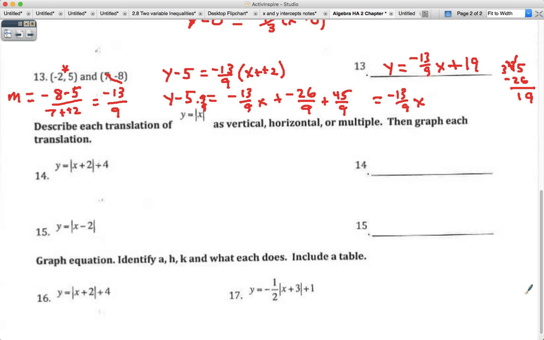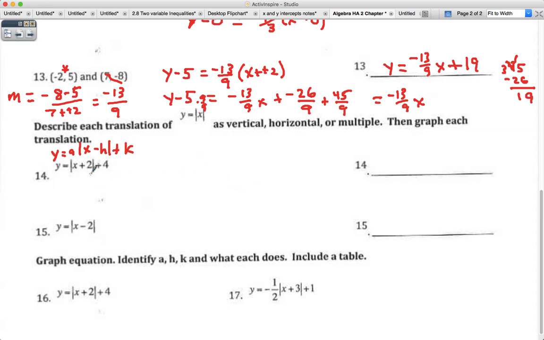Now I'm going to describe the translations as vertical, horizontal, or multiple, and then I'm going to graph each translation. If I look closely, this is the absolute value, which means y equals a times absolute value of x minus h plus k.